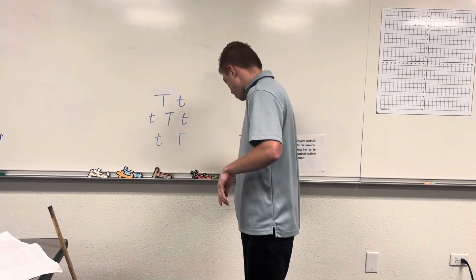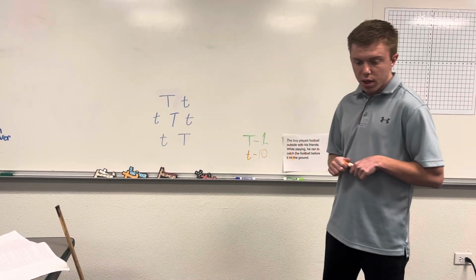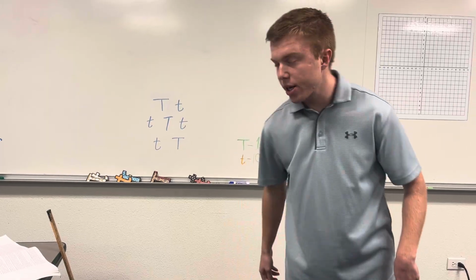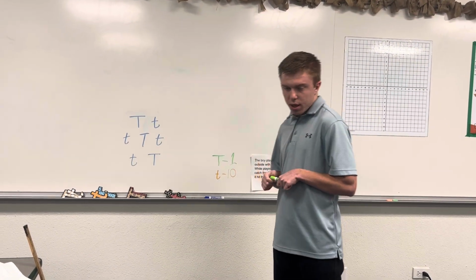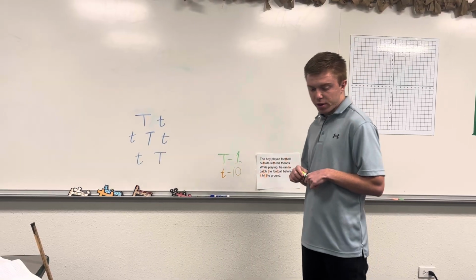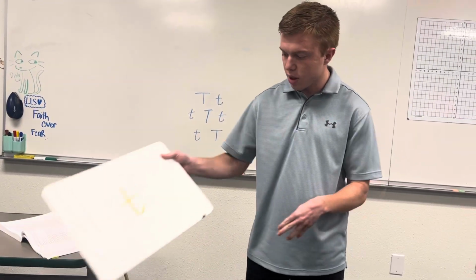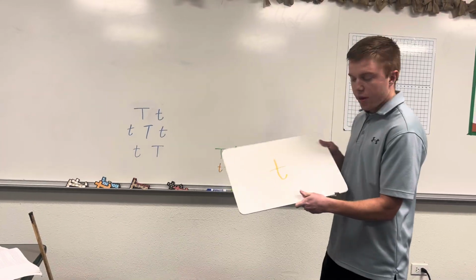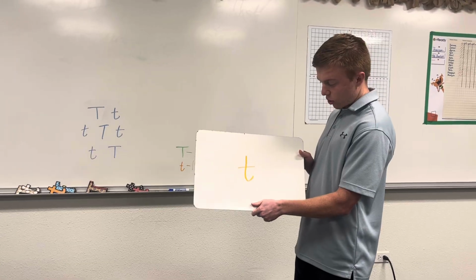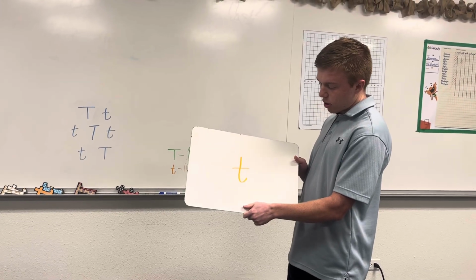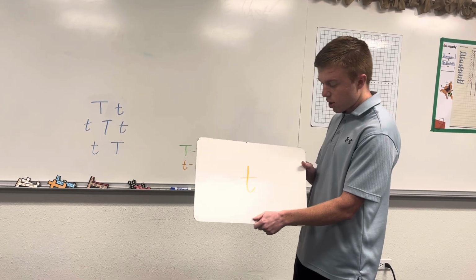I want y'all to write the lowercase t, and I'm going to tell you if it is correct or incorrect. She wrote the lowercase t, and this is correct because, as I said earlier, the lowercase t has a line going through the middle of the line going up and down, so we have one going horizontally as well.